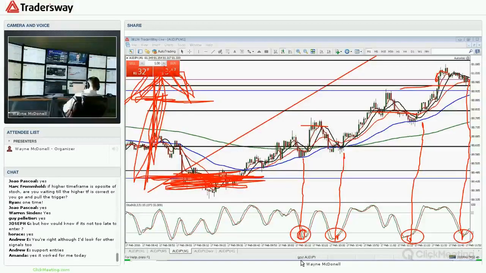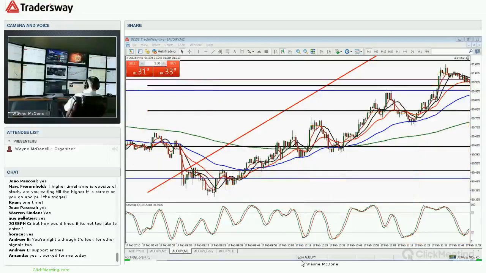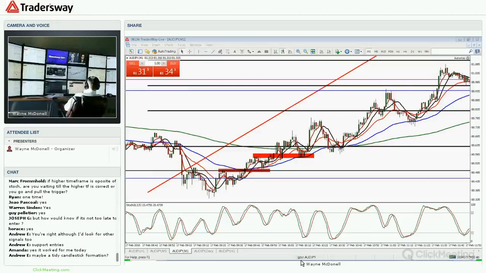Now, Andrew says, you're right, but I'd look for other signals too. This is scalping. What more would you possibly need? My worry, Andrew, is that it would be too much that you're looking for. Because really, what I'm saying is, you buy the roll reversal. This one didn't do it, but you got this one, and then you do this one.